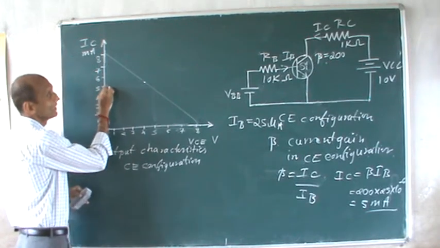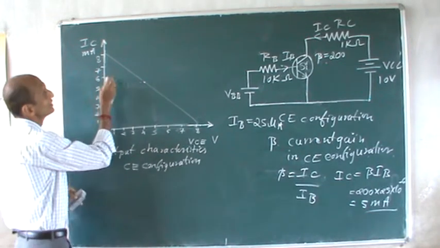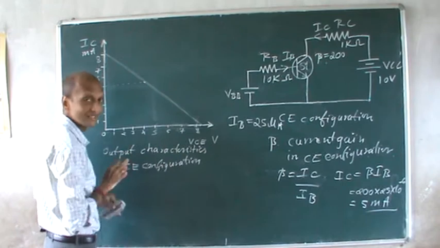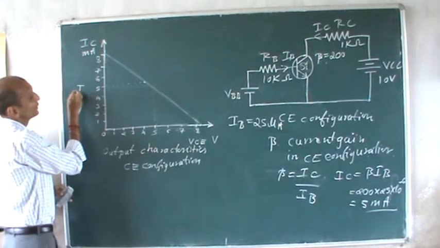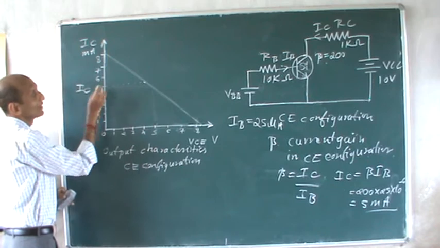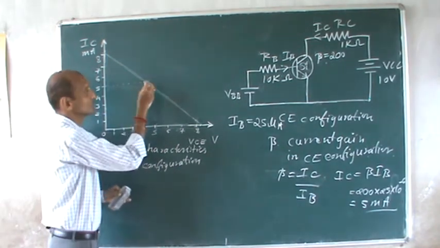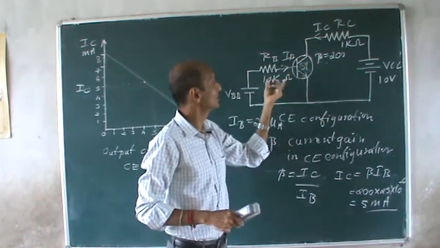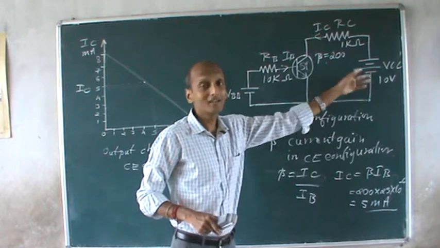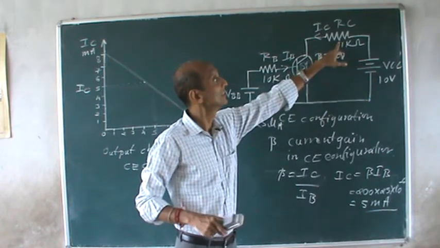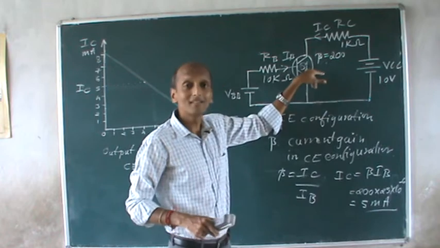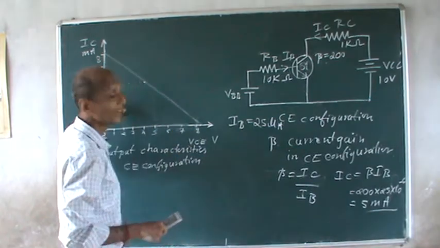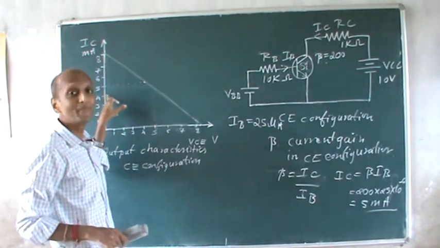This is 5 milliamperes. If I take the DC load line somewhere here, this is the IC value wherein your Q point comes. For this circuit, for these resistances, your bias voltages, these current limiting resistors, and a transistor of beta value 200, I can design the IC value to be 5 milliamperes.